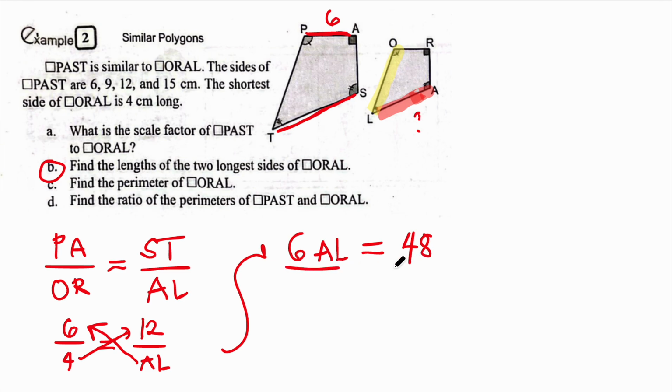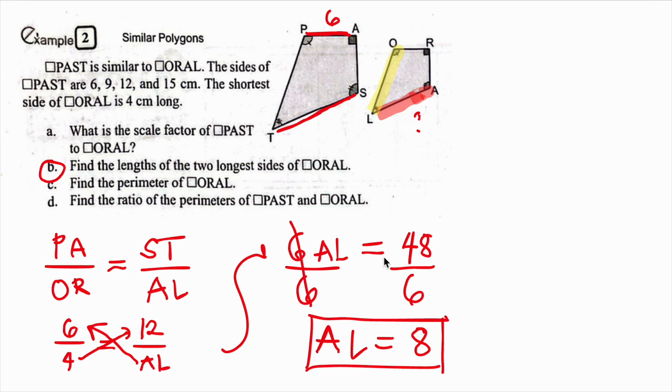Finally, we divide both sides by 6 to isolate AL because that is our goal. AL would be the remaining one on the left side. 48 divided by 6 is equal to 8. So we found one longest side, which is 8.